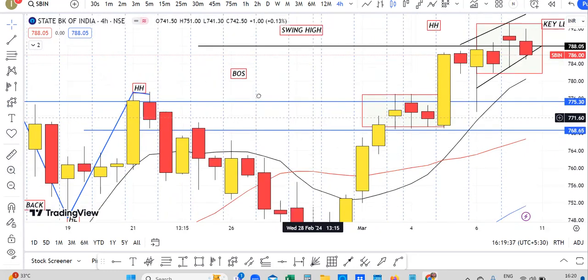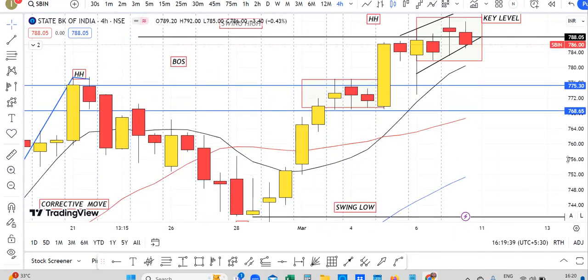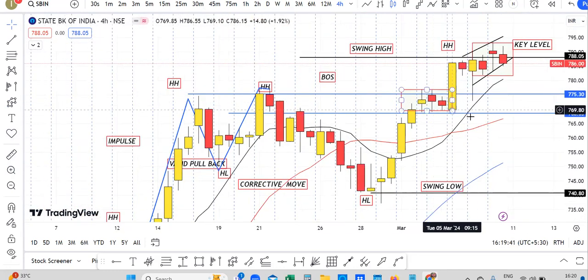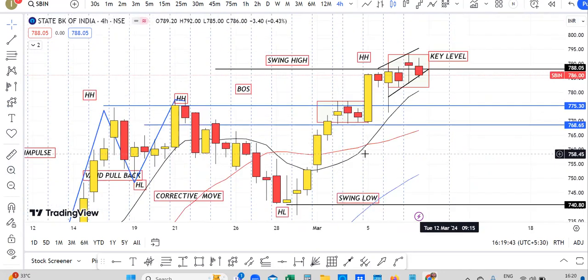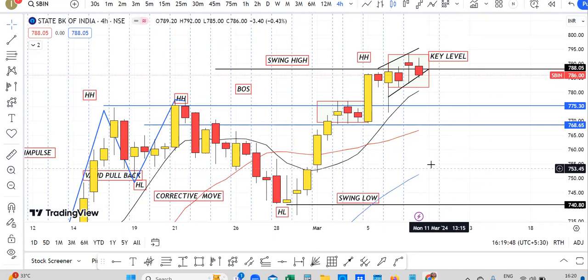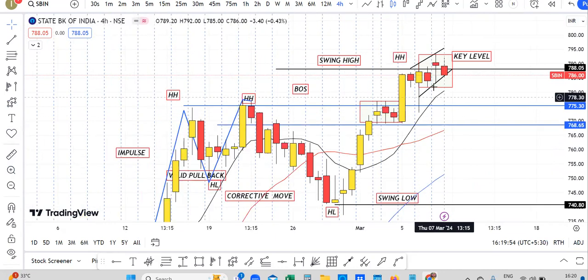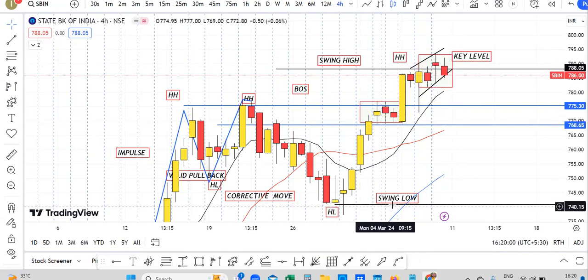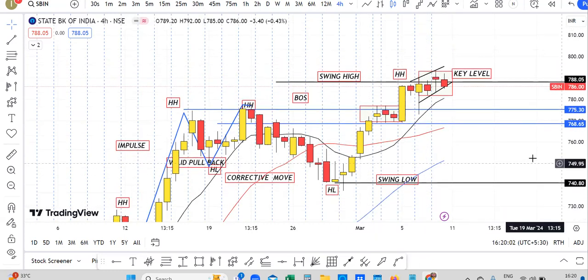So this is just a pause, and we will ignore this pullback and consider it as an impulsive move. Now also there is no valid pullback in this area, right? We have identified the latest key level swing high and swing low on the 4-hour chart.